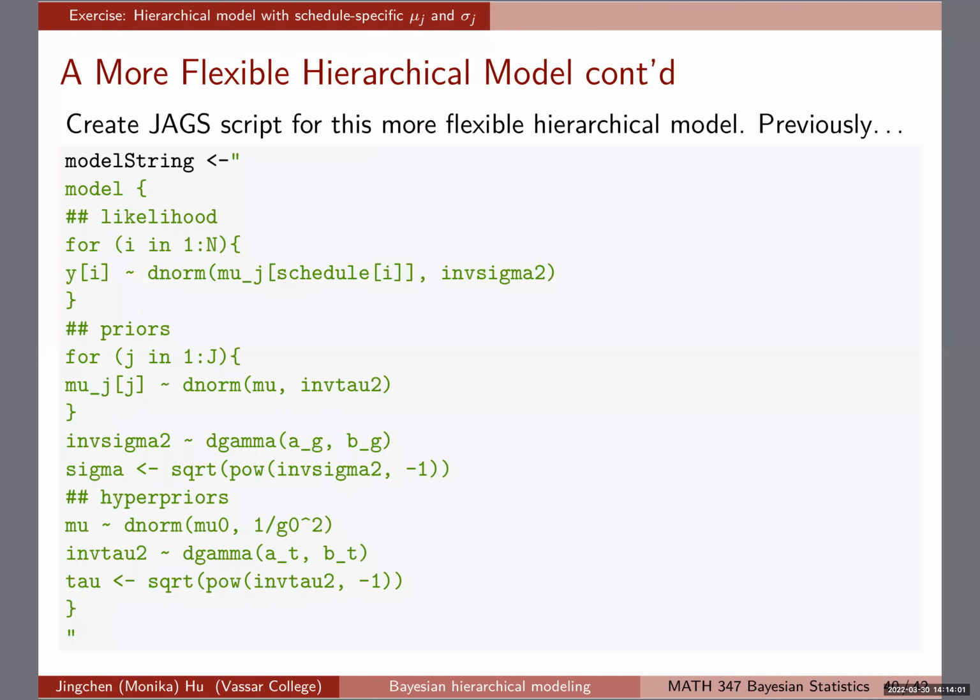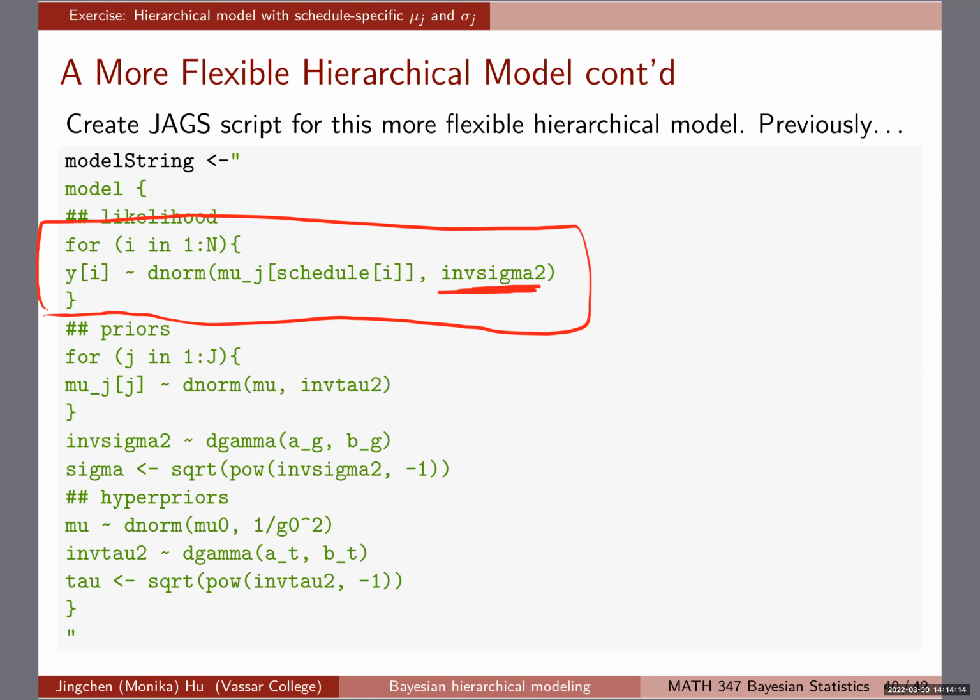Okay, so this is the previous code, as we know. If you remember, we have the chunk for doing the likelihood. This probably wouldn't change much, but this part probably will change now, because earlier the inverse sigma squared was being shared. Right now, this should also be indexed by j, because we're going to have a vector of inverse sigma j as well.